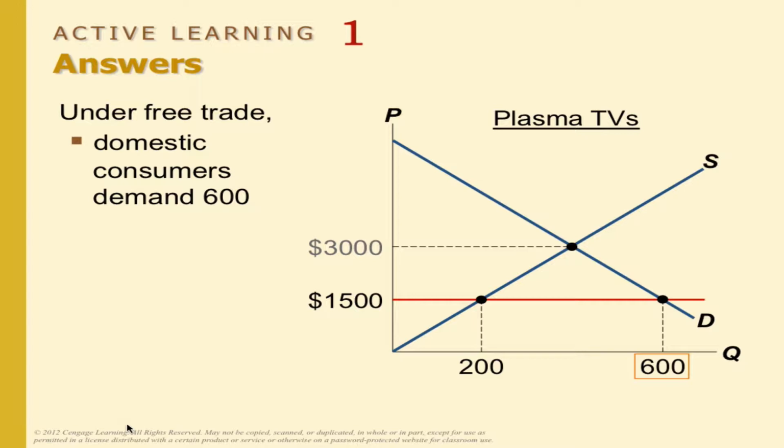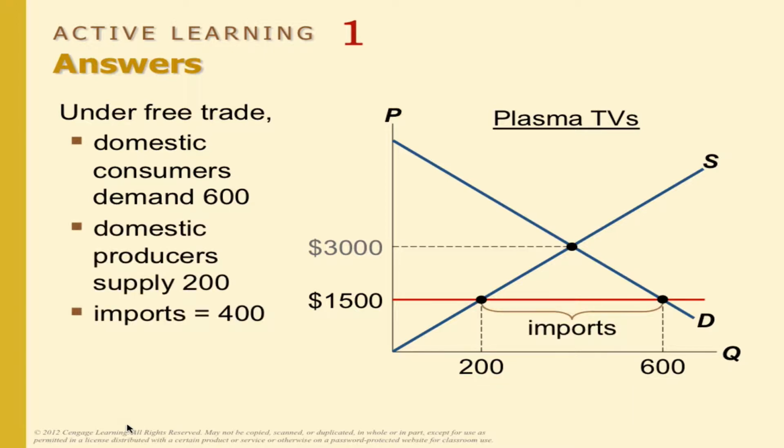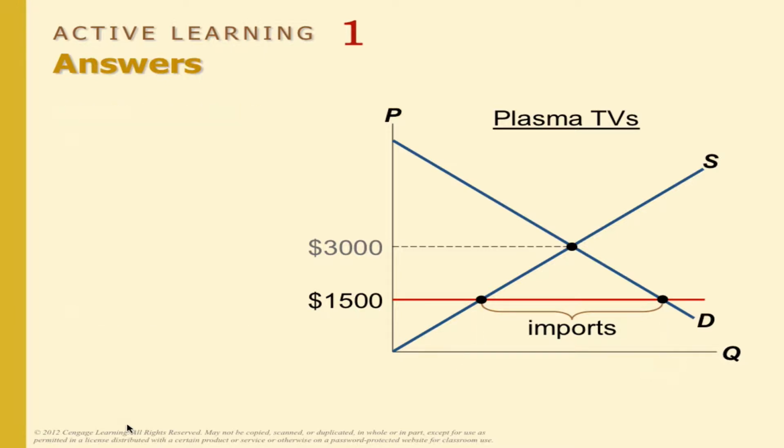In our country, we're only going to produce 200 at a price of $1,500. So then we need to import how many? 400 to cover that distance between. Okay, so that's where we were on Thursday. It seems like a long time ago, doesn't it?